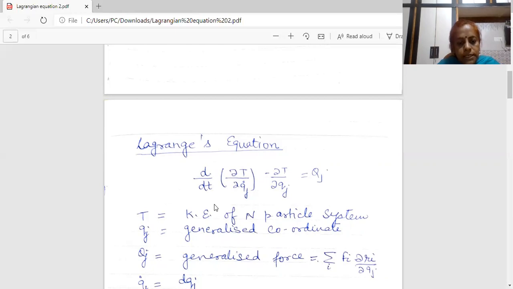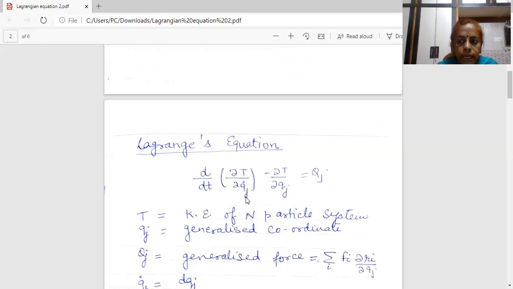Lagrangian equation is d by dt, that means derivative with respect to time, of del T upon del qj dot, minus del T upon del qj, is equal to capital Qj. Here capital T is the kinetic energy of n particle system. Small qj means generalized coordinates.